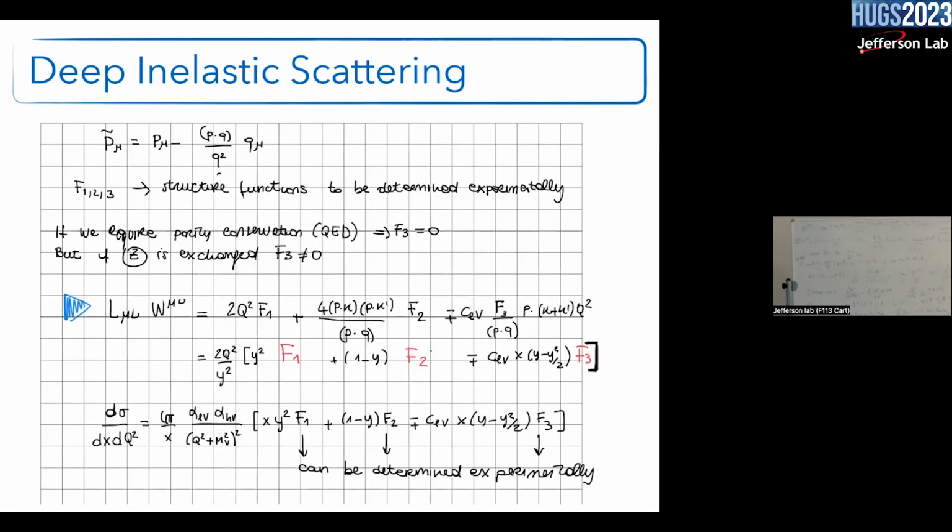So this is how it can be parameterized. I forgot to say that when you put it together into the final formula of the cross section, that's what you get. So you have these coefficients and these combinations of kinematic variables. If you want a second to write them, I'll let you do it.